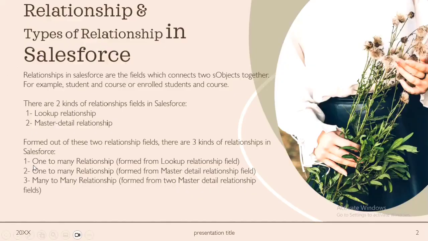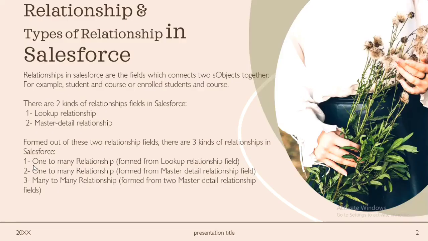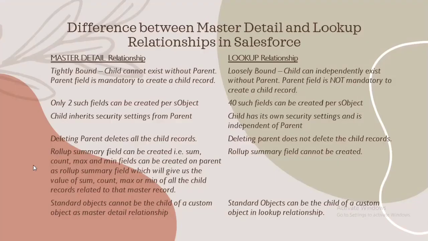The first two, both of them are one-to-many, but what is the difference actually? Master detail relationship is tightly bound. What does that mean? That means that child cannot exist without parent. Parent field is mandatory to create a child record. So in this particular example, if enrolled student is the child, you will go to the enrolled student and create a child record, but you will mention the parent in that.